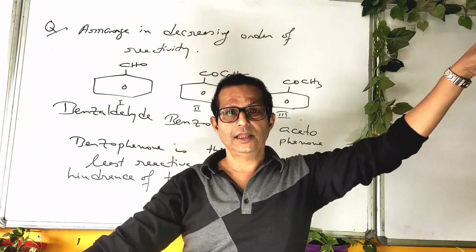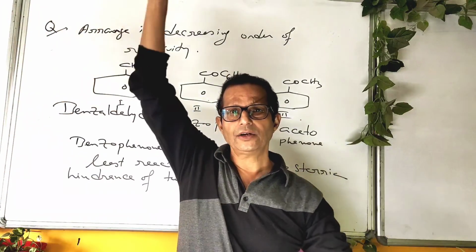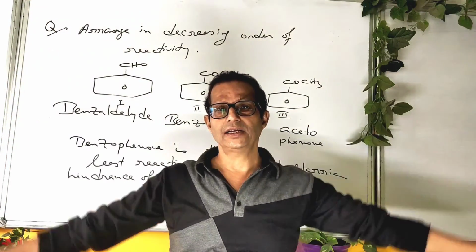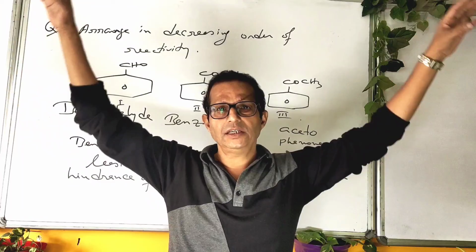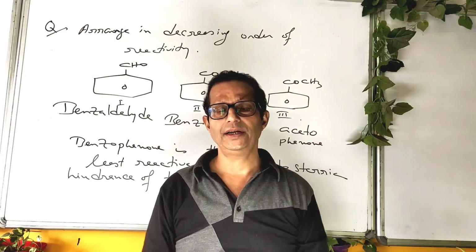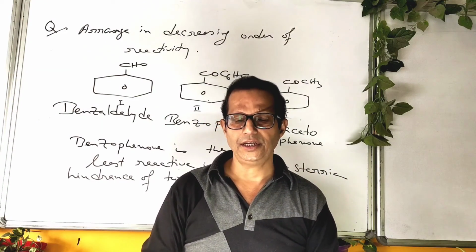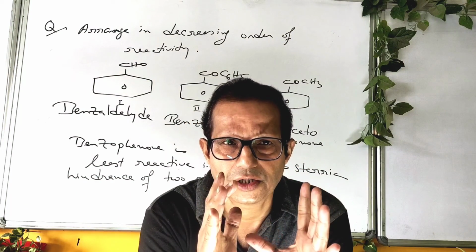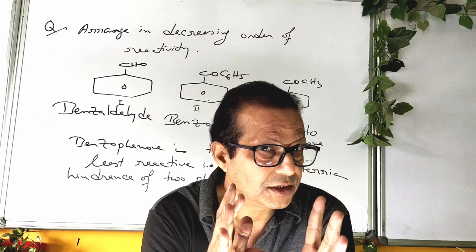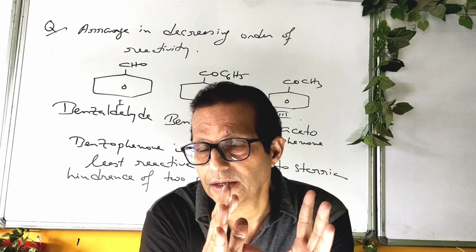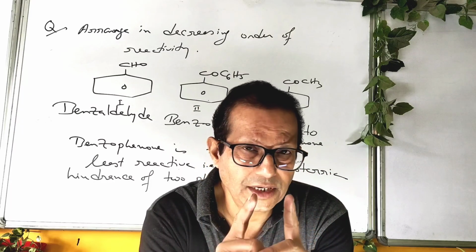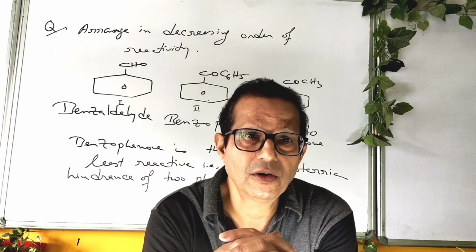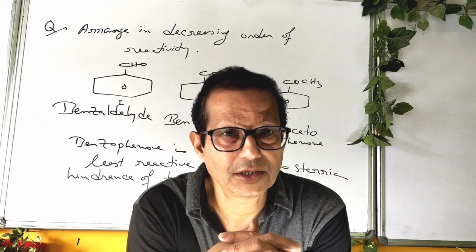That's why the nucleophile cannot come directly to the carbonyl carbon. This is known as steric hindrance. Remember it, in organic chemistry there are large numbers of reactions which do not occur in the presence of bulky alkyl or aryl groups. These are called steric hindrance.